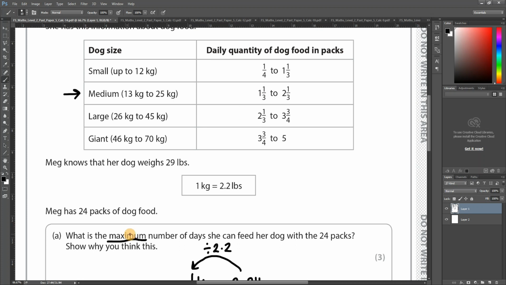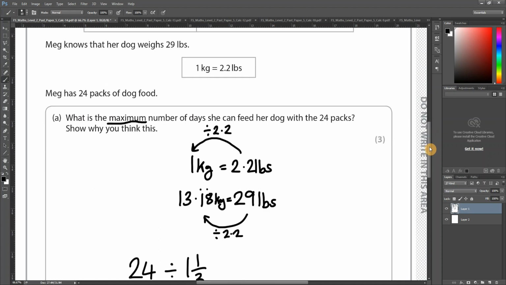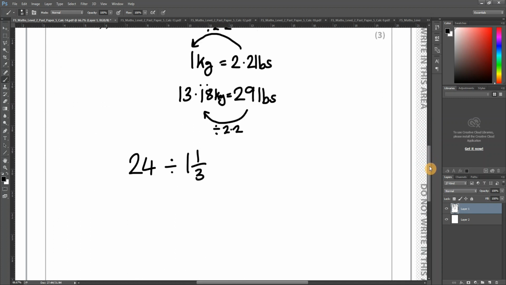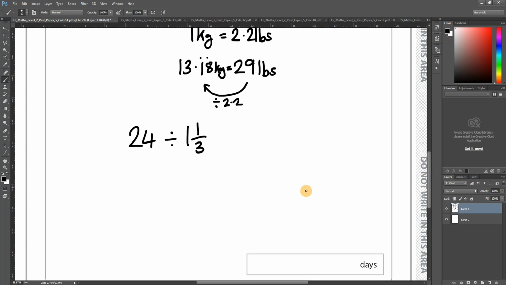You want the maximum number of days. So therefore, you're gonna have to use as little dog food as possible for it to last longer, if that makes more sense. Yep, so it's definitely 24 divided by 1 1/3. How to type this into the calculator? What you could do, you could type it in as it is, or change that to top heavy. So you multiply these two together, 1 and 3, plus the 1 gives you 4 over 3. I think that's a little bit better, isn't it?